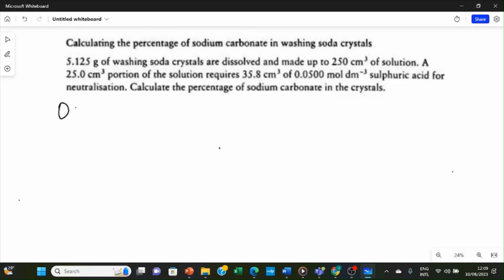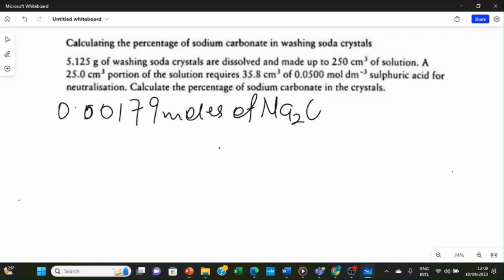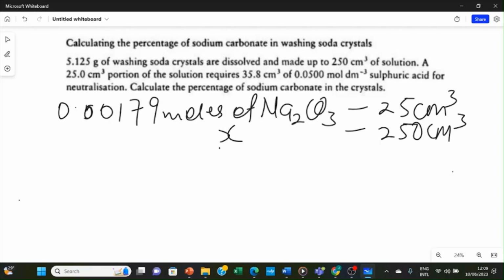So I have 0.00179 moles of sodium carbonate in 25 cm3. So in 250 cm3, what moles are we going to get?